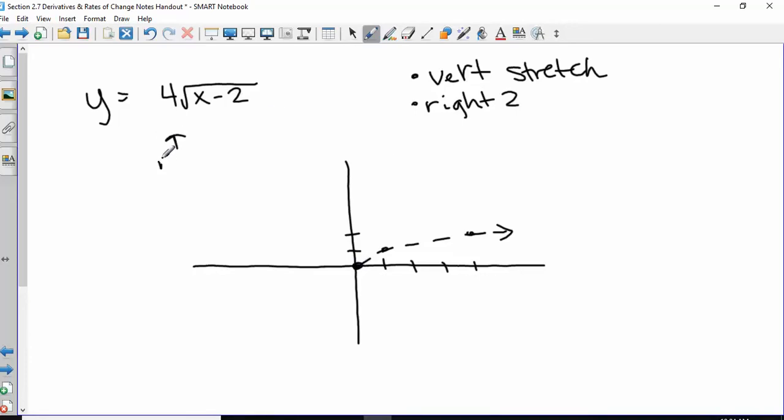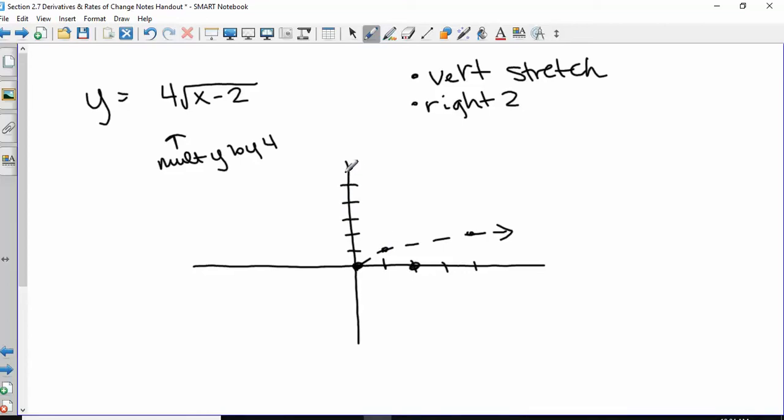So, vertical stretch. What this means is you multiply your y by 4. Outside is y, it does what it says. So here my y is 0, times 4 is still 0, and then right 2.